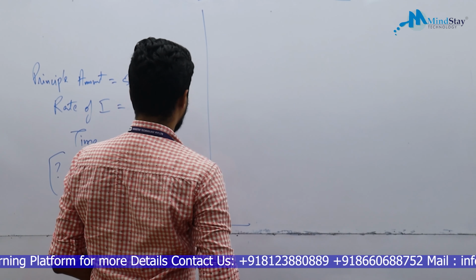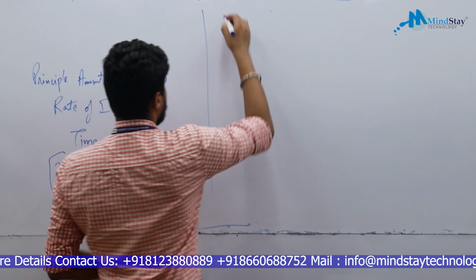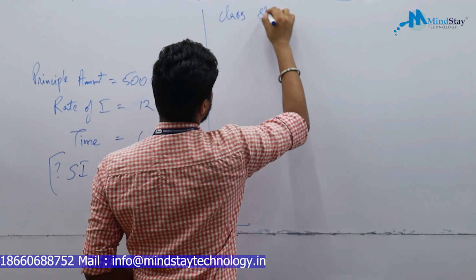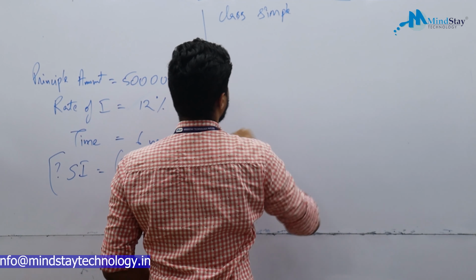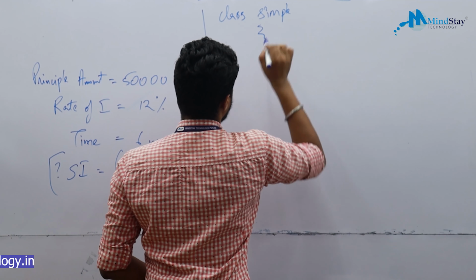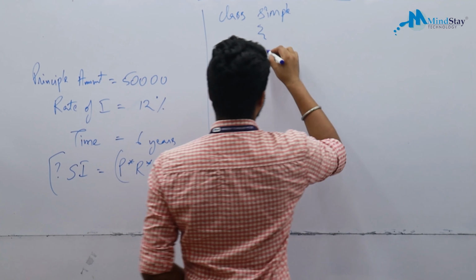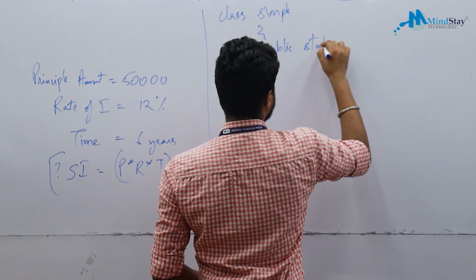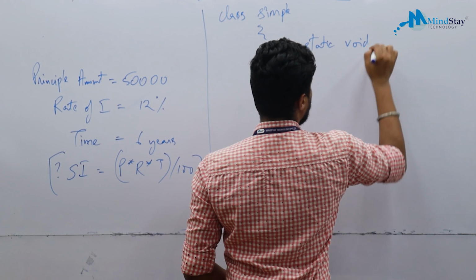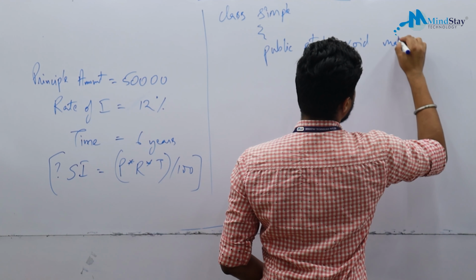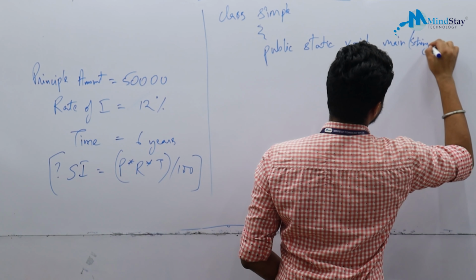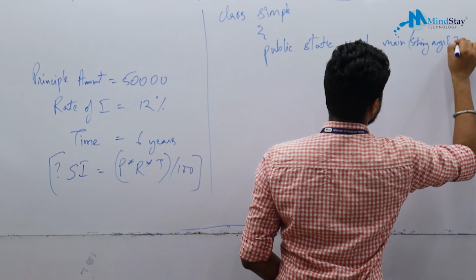So I'm going to divide it in this form. Here we have our class. Let's make it simple: class Simple. Give the separator. Then I'll have my main function, public static void main, and in bracket I have String args.